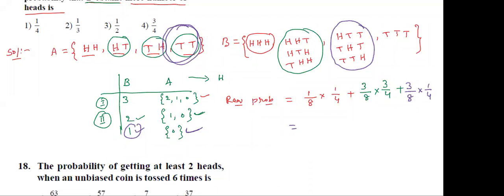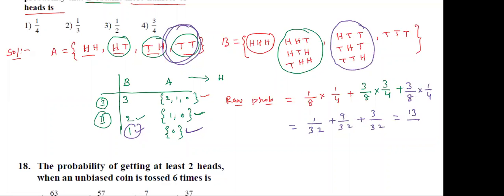Okay. Now 1 by 32 plus 9 by 32 plus 3 by 32. Students, observe the total. What is the answer? 13 by 32.